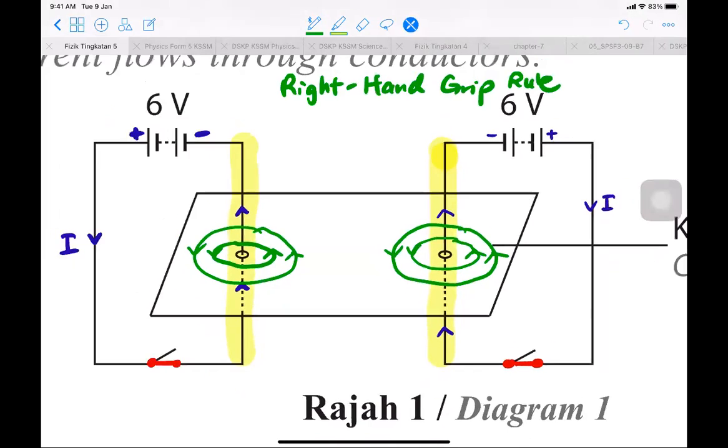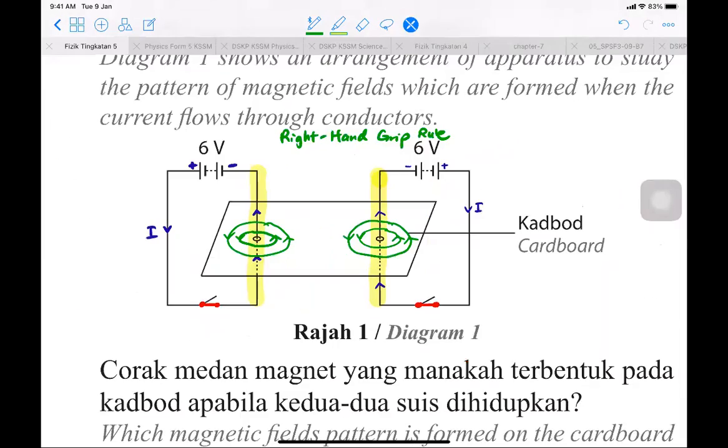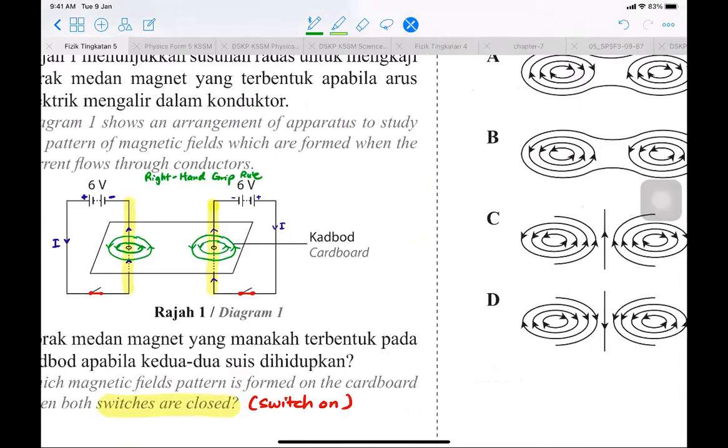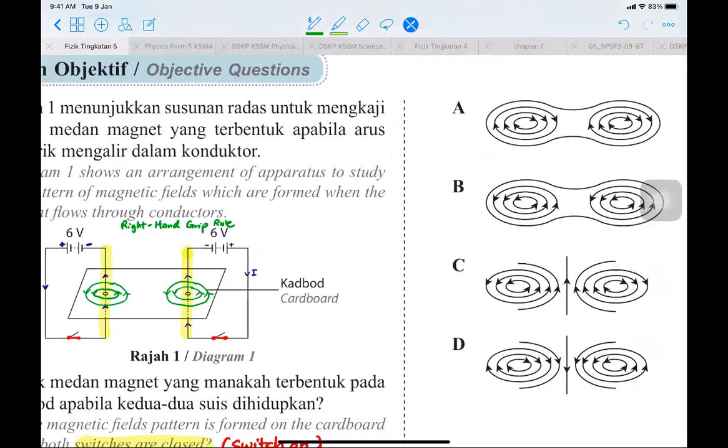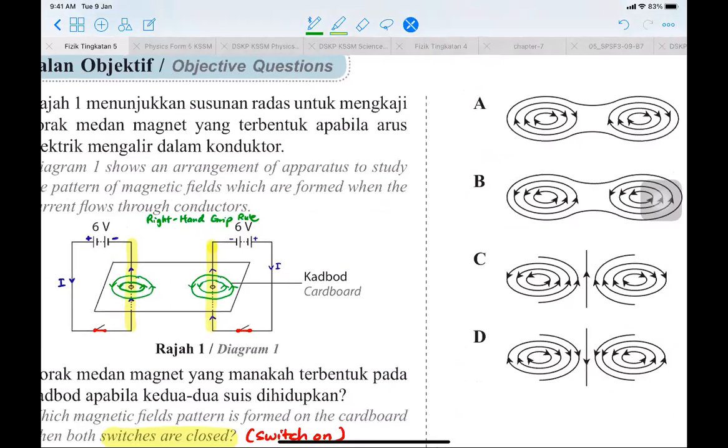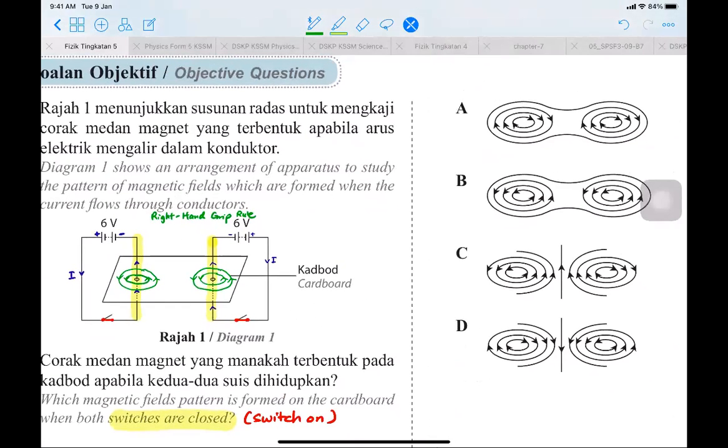Now can you determine which one is the correct answer based on your findings? A, B, C, D?